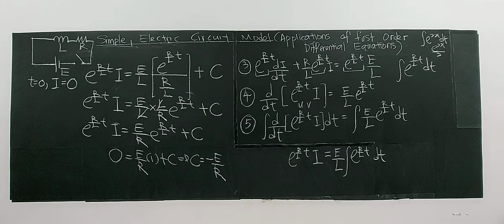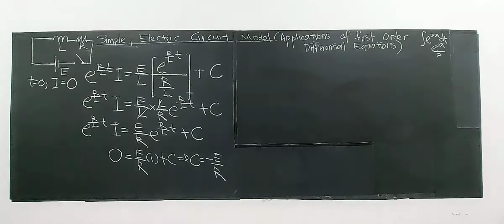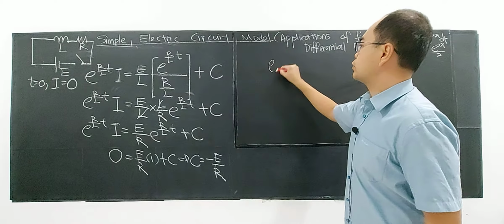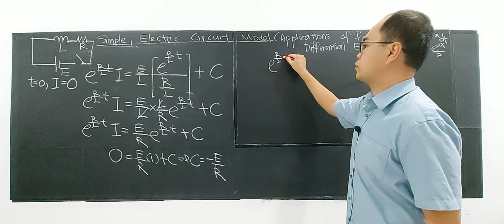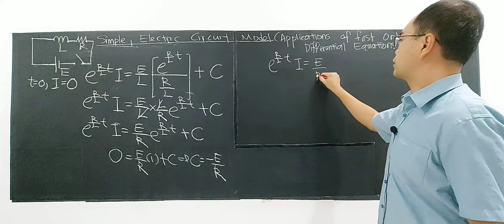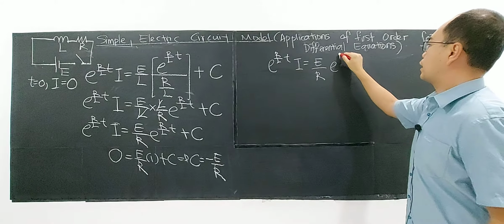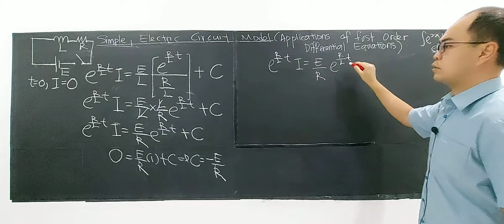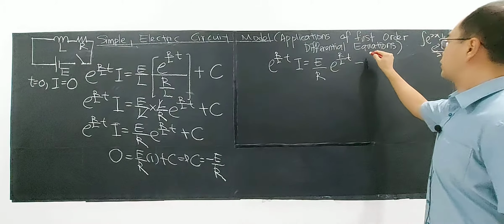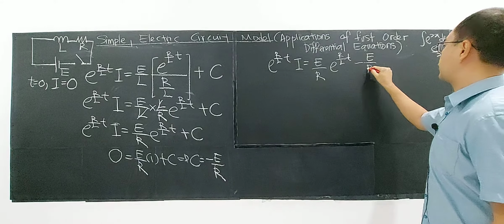Very simple. So let's continue the derivation, and we know that C is negative E/R. So we substitute: e^(R/L t) i equals E/R e^(R/L t) plus C, where C is negative E/R.